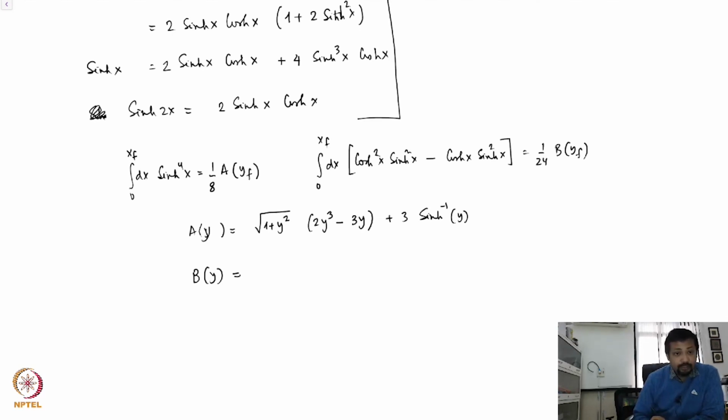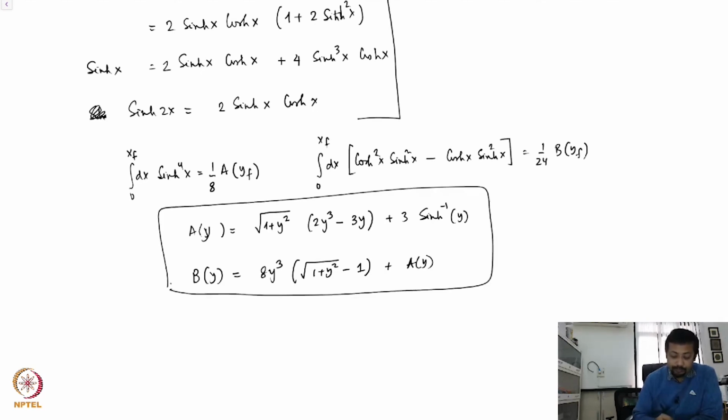B of y is going to be 8y cube, square root of 1 plus y square, minus 1, plus A of y. A little bit complicated expression, but we have come to the fag end of this exercise.